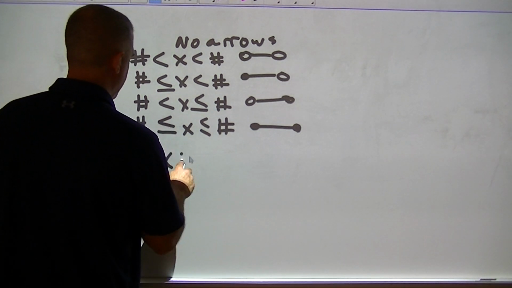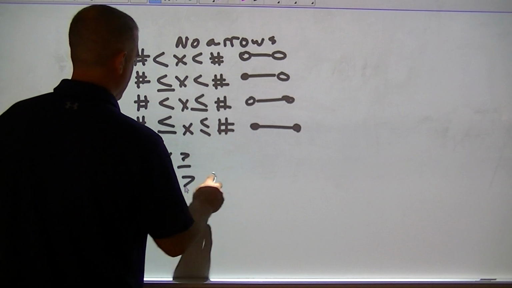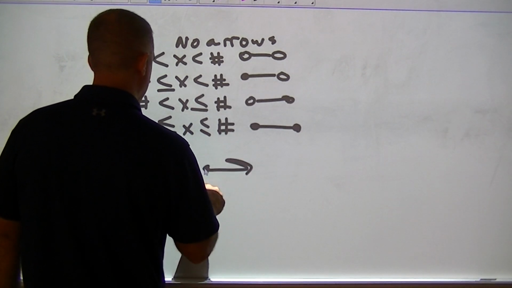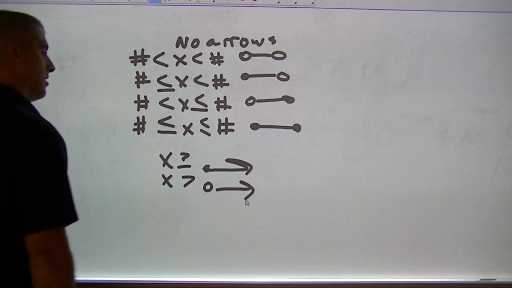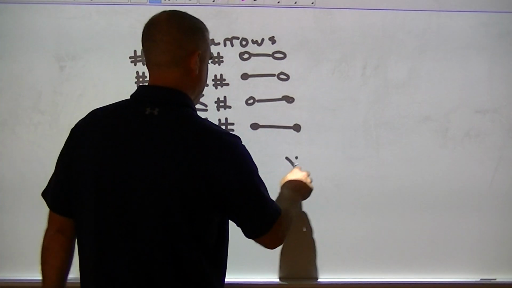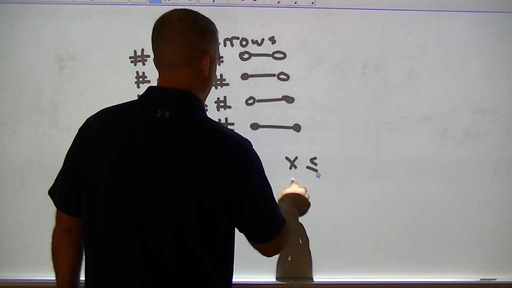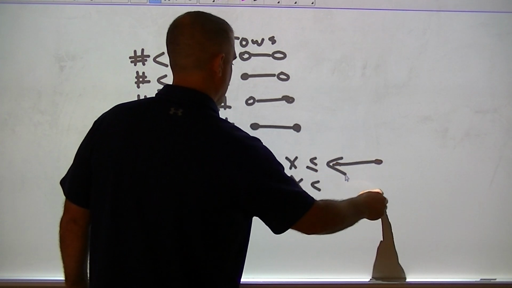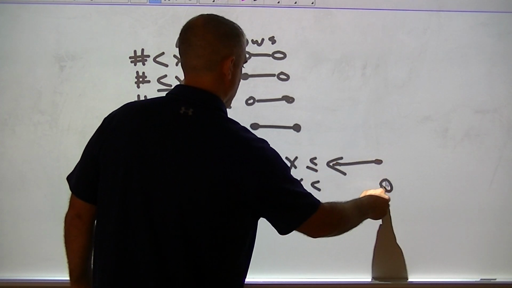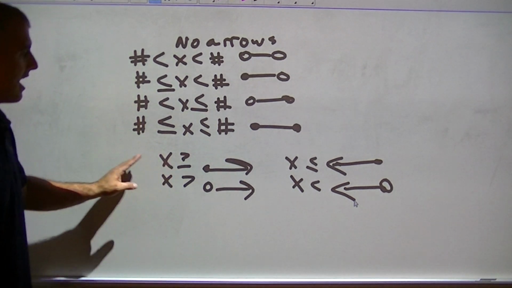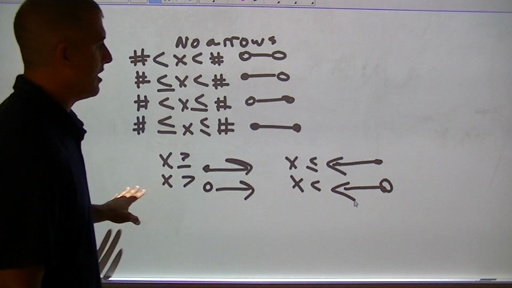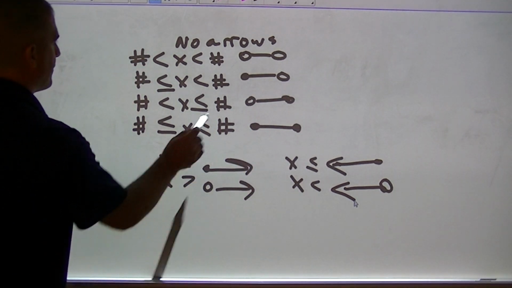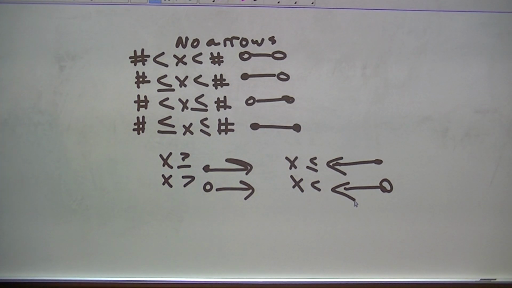If you have this or this, you will have a right arrow or that. If you have this or this, you will have an arrow going this way. Once again, that should be your sections. That's the first thing if you made mistakes.